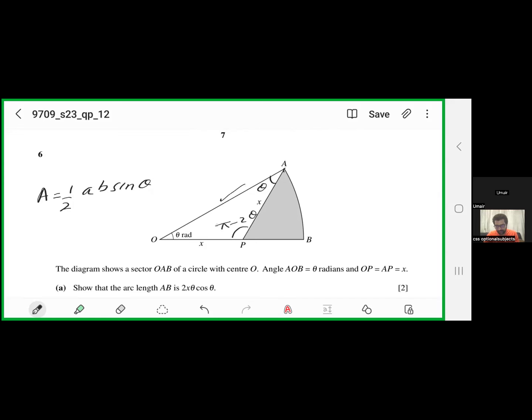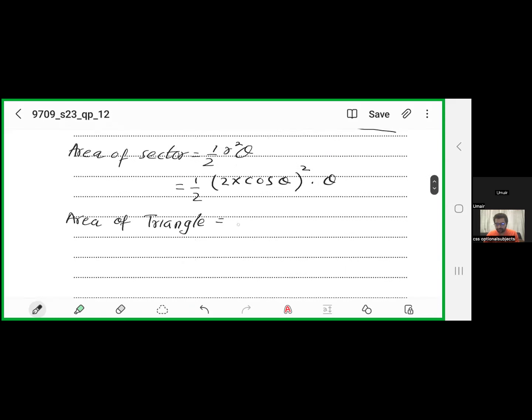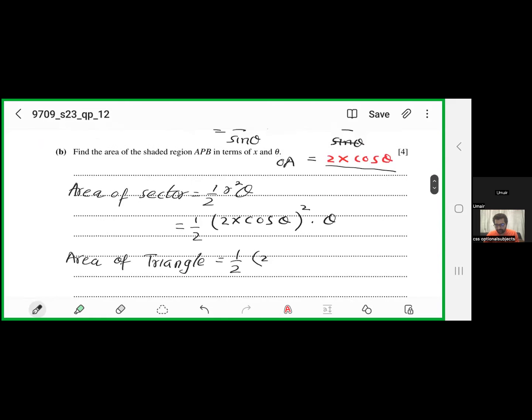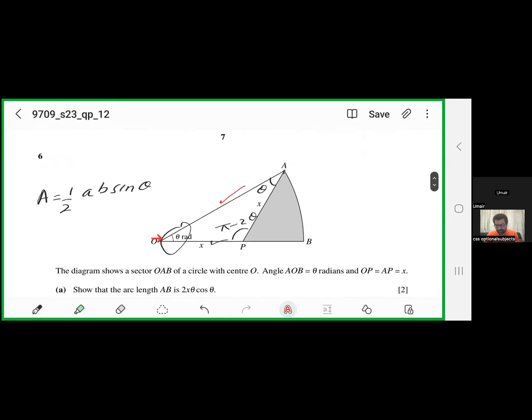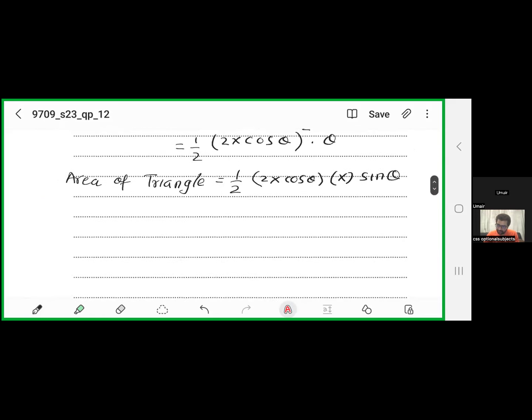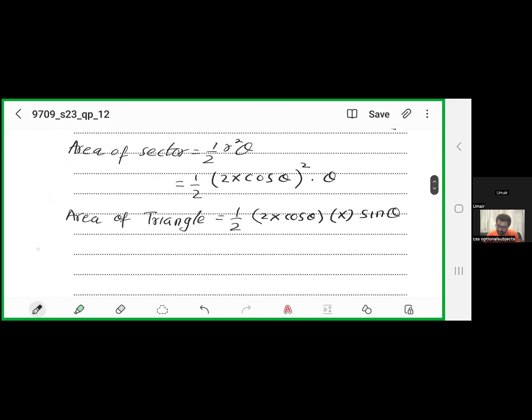Side A is OA, which is 2x cos theta. Side B is x, with sine of angle theta between these two sides. You just have to subtract these two values to find the shaded area.